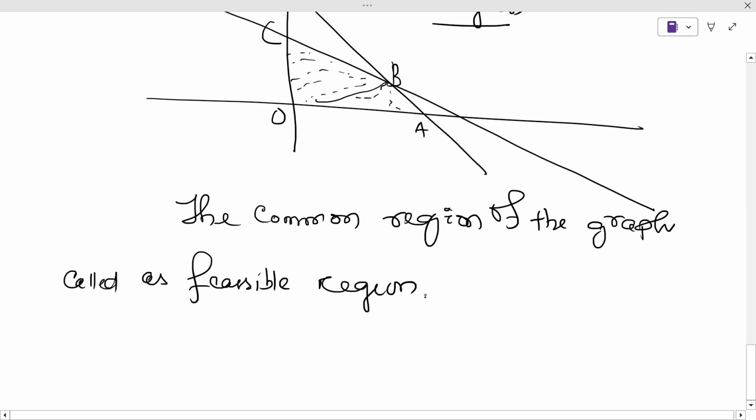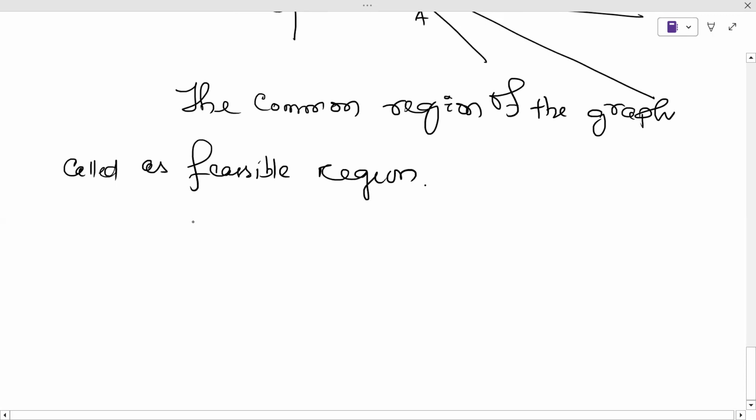A solution in the graph is called a feasible solution, or that is called an optimal solution. Any point of the feasible region gives the optimal value. Suppose there is the point B, the point C, the point O, and the point A. So point O is given, A is given, B is given, C is given here.